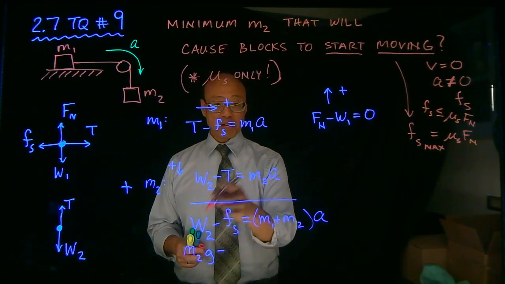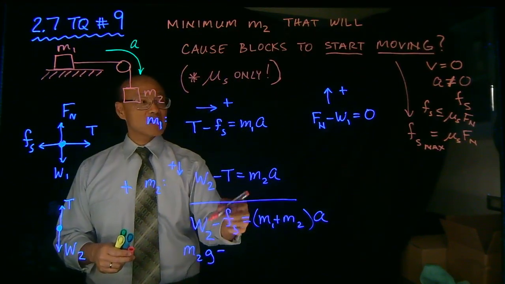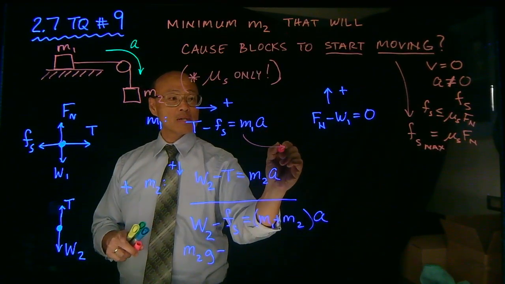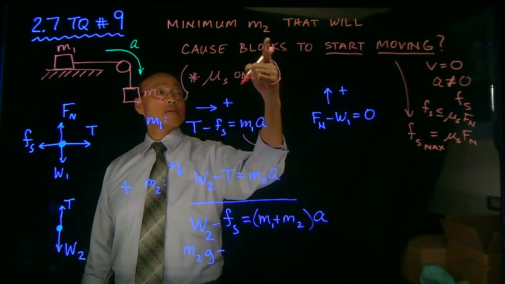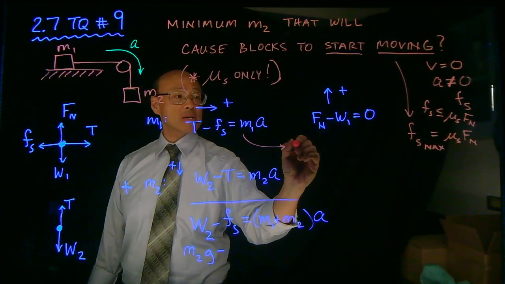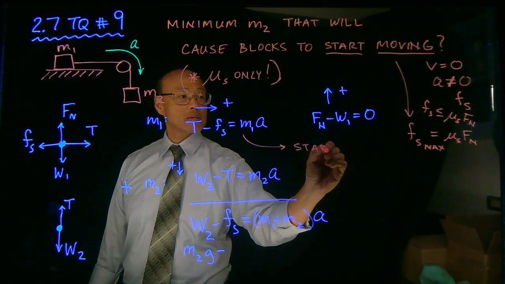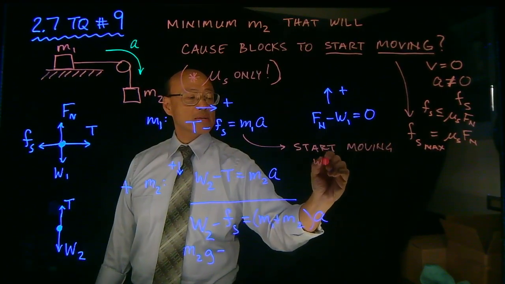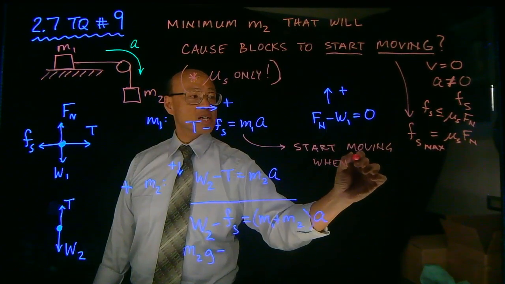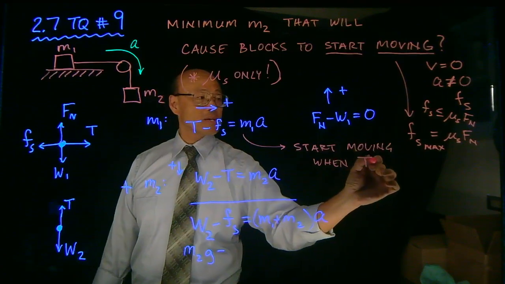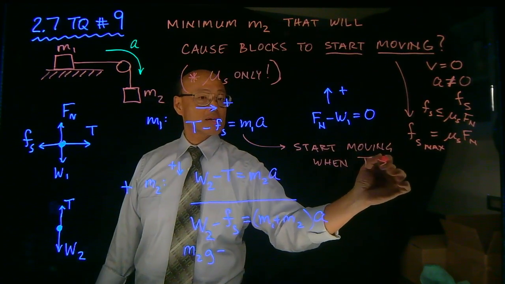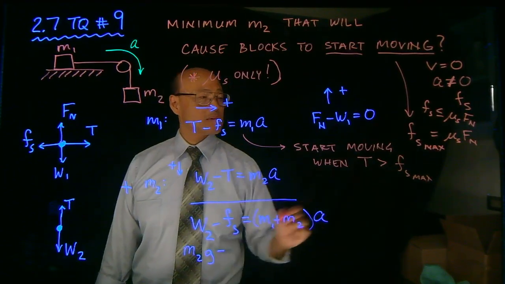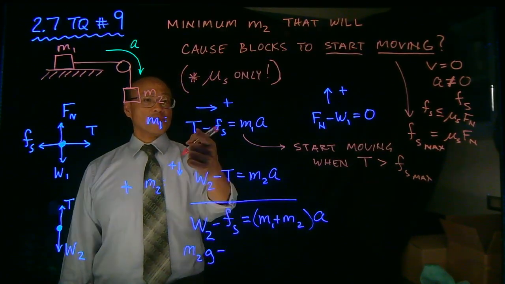In fact, now that I'm looking at this, it was a nice exercise, but if you listen to what I just said, we could focus on this. M1, blocks start moving when the tension force on 1 is greater than Fs max. Well, what's the tension force on 1?